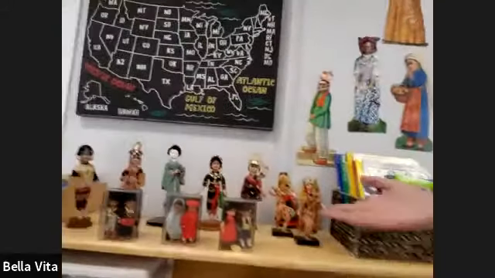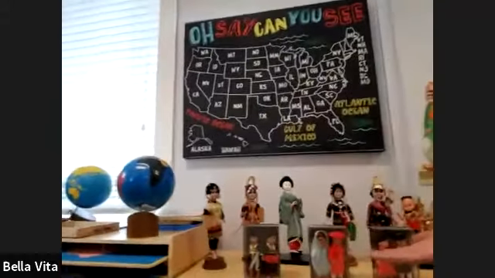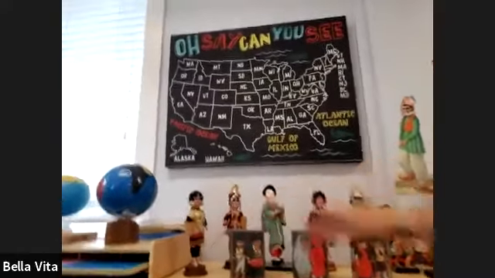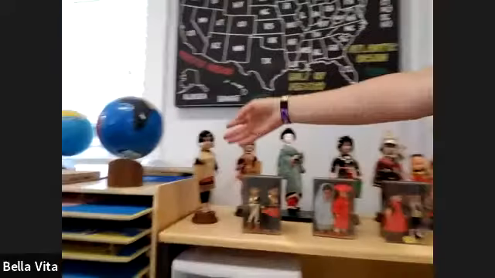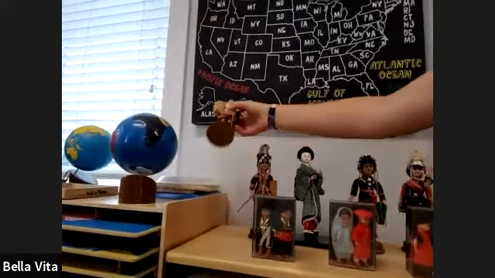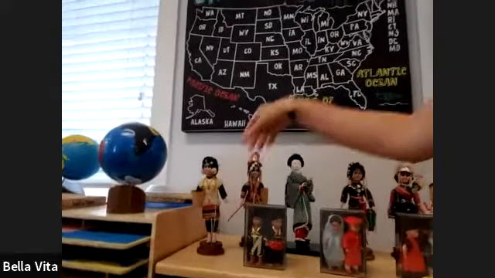And then this is a beautiful find that Miss Roshi and I found at the store. It has a beautiful replica of what people might have looked like in the different countries.